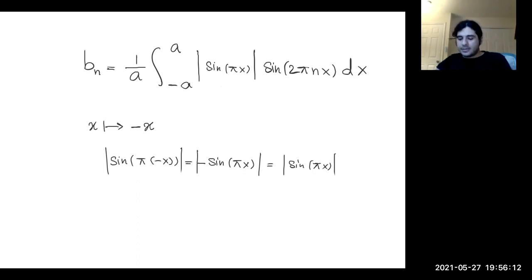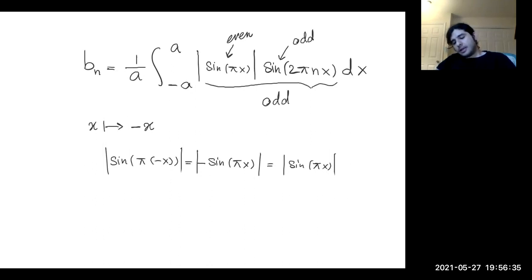If I replace x with minus x here, the negative sign would come out of the function because this is an odd function. So the first one is an even function and the second one is an odd function. The multiplication of an odd function and an even function is an odd function.